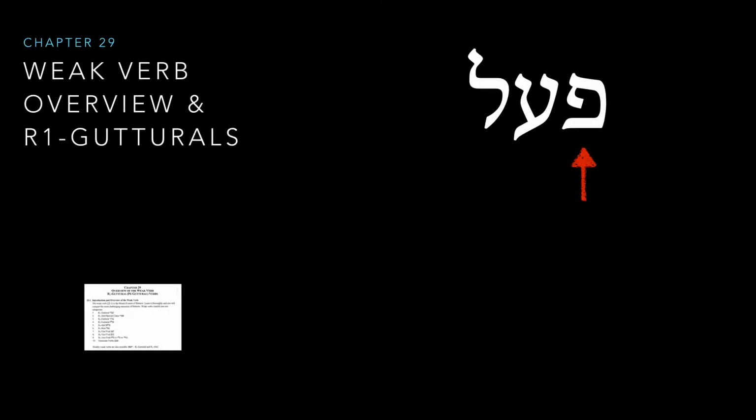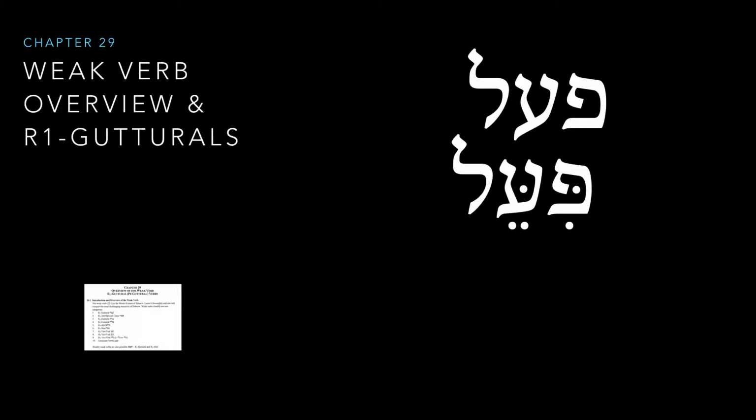And if you remember kind of how we've designated all of our stems, Piel, Pual, Hithpael, they are related to this pa'al, pedagogical word. So this is just the word that the Hebrews used to describe these verbal stems. So you can see here I've spelled Piel.